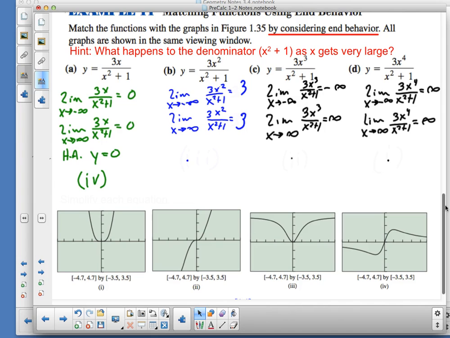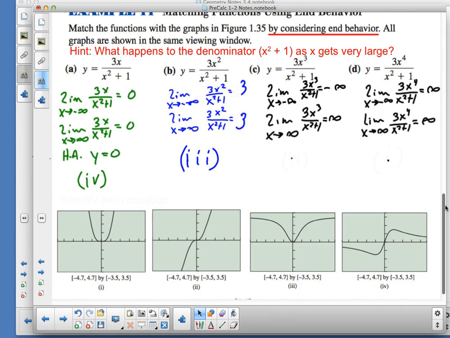Three. Okay, we're talking about graph number 3, because as it goes out, it approaches the value of 3.